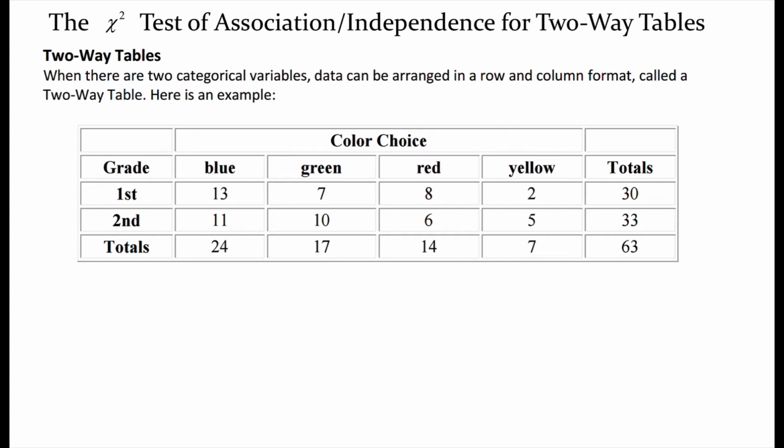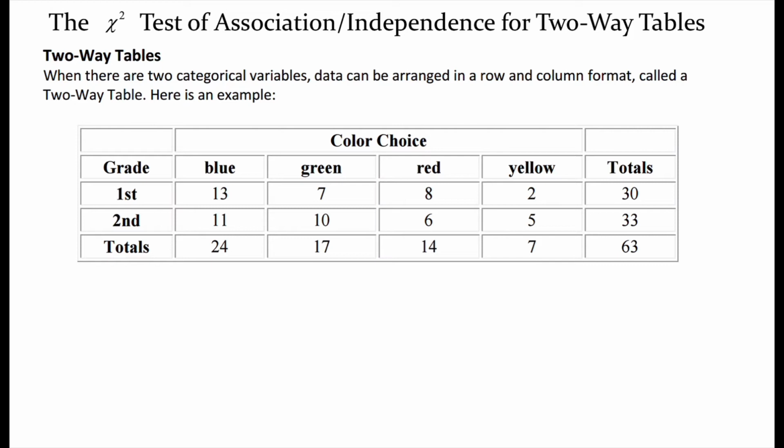Is there something there? Is there a connection? If you tell me someone's in first grade, is that going to lead me to know their favorite color, or more likely to know their favorite color? Or if you tell me their favorite color is yellow, is that going to lead me to say they're more likely a second grader than a first grader? That's what we're doing here. We're looking for an association.